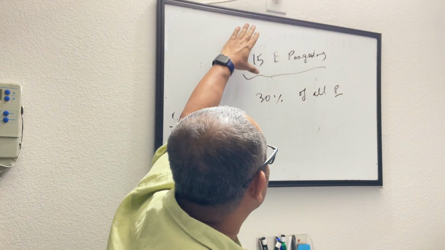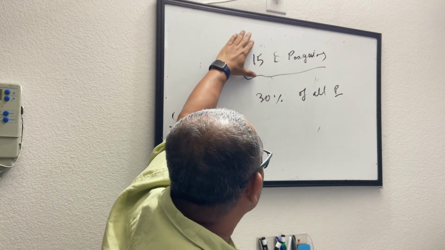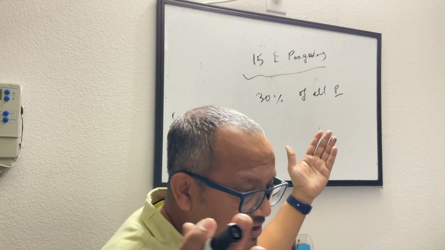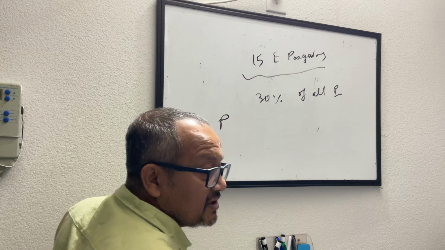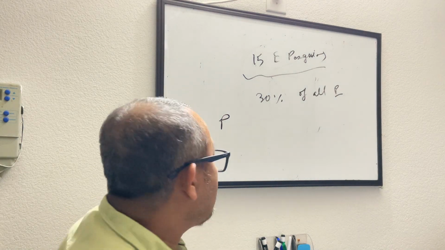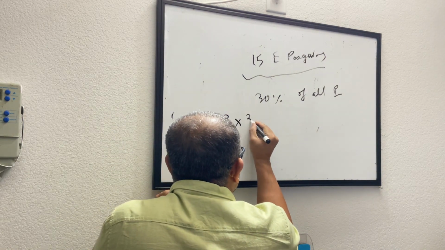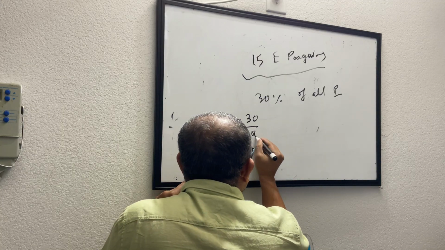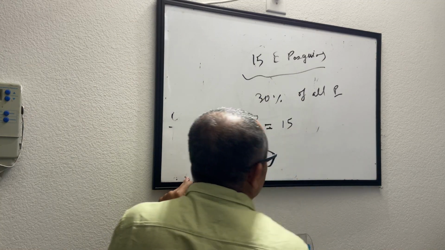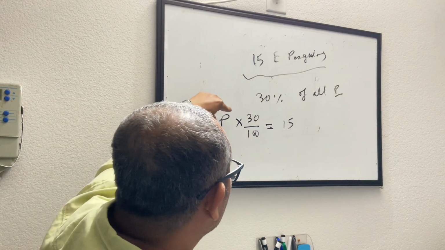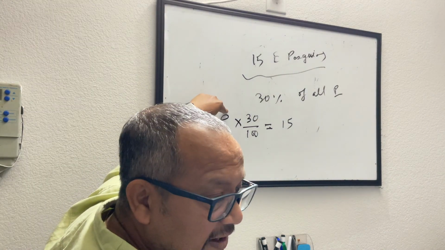So let's say the total number is P, this many penguins in the zoo. 30% of this is equal to the emperor penguins, which is 15. Total number of penguins is what we are trying to find out.